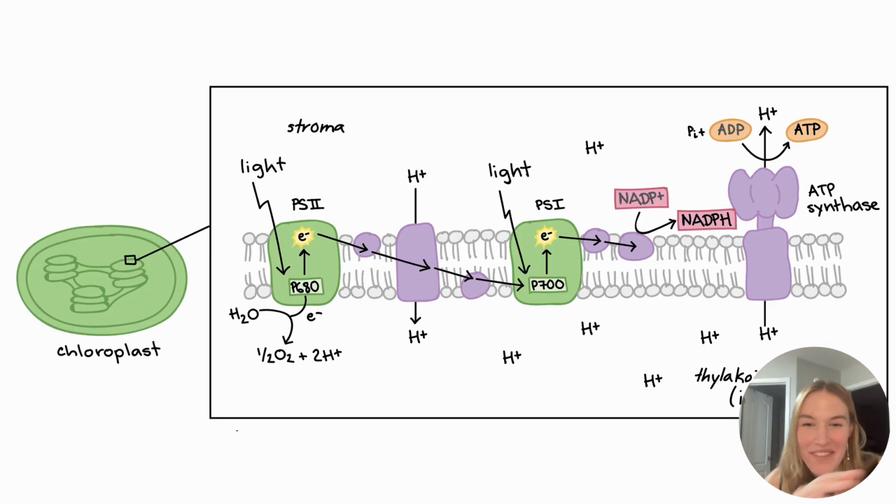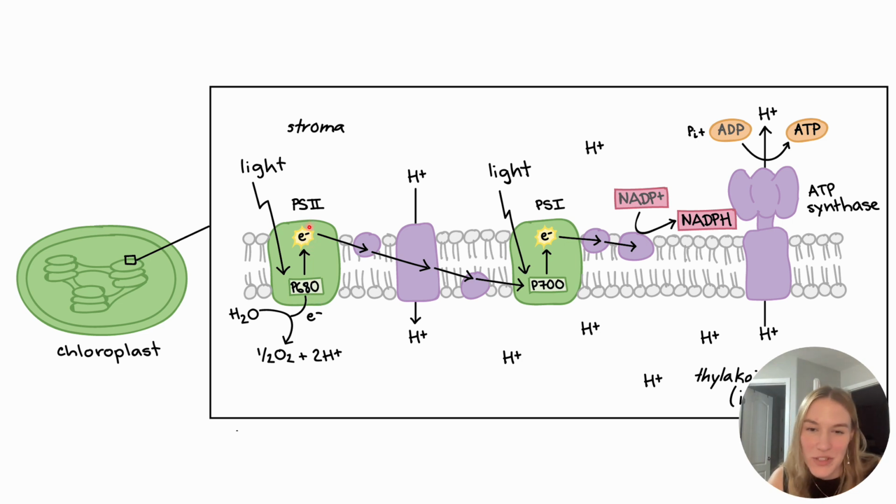Okay, let's do everything all together now. So light from the sun in the form of a photon is going to hit the light harvesting complex of photosystem 2. Now it is going to pass the energy from one chlorophyll molecule to another chlorophyll molecule to another chlorophyll molecule to the reaction center to excite an electron that is waiting there. That electron is coming from water splitting into oxygen, protons, and electrons. So this electron will get excited.